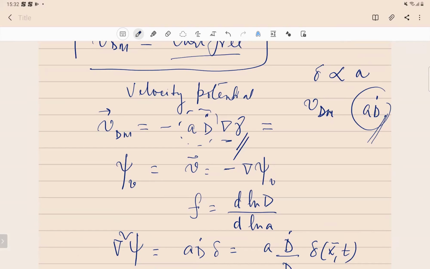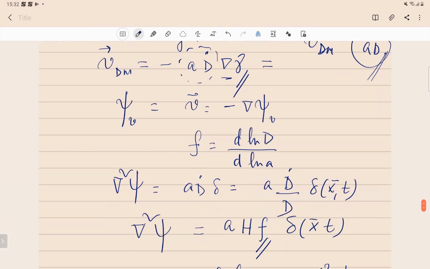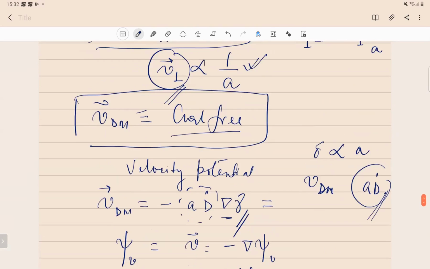People just use this velocity potential, but you have to argue that if there was a term which was not of that kind, had a curl, then that would actually die off, so it would not contribute. So we can safely use this velocity potential, and it's always convenient to use a potential because it's a scalar, and then you can take the gradient to get the velocity. So that was the analysis.